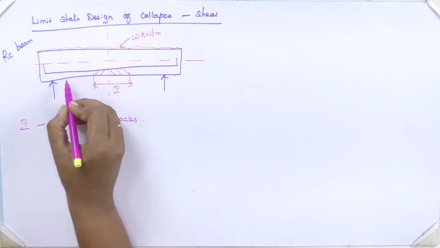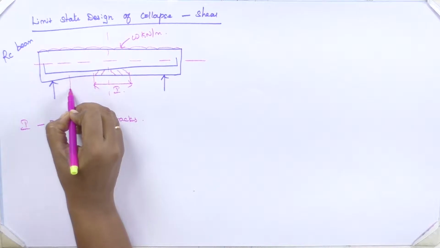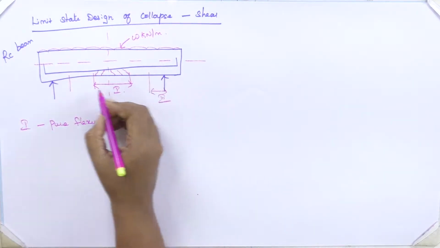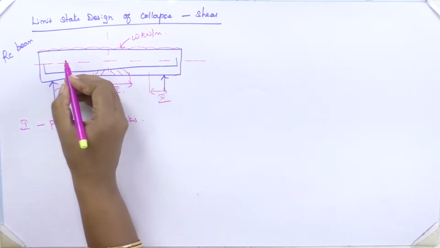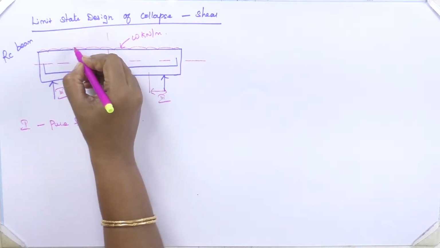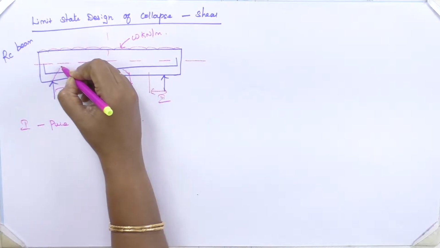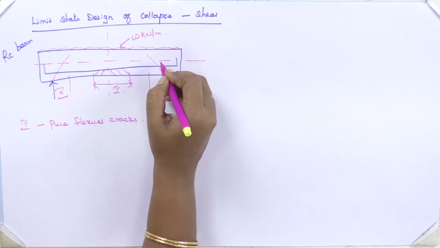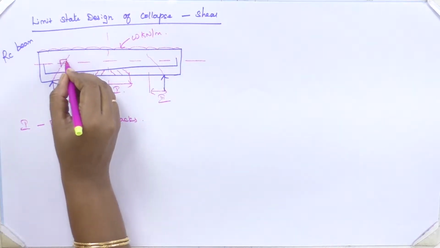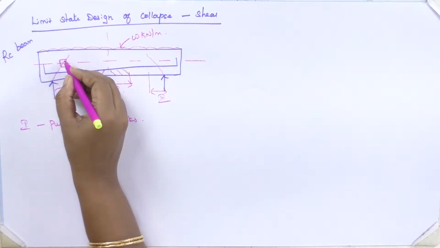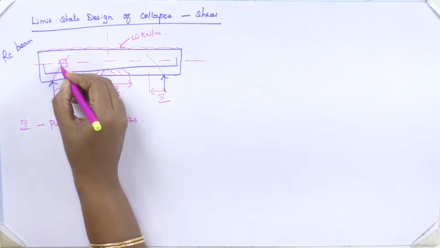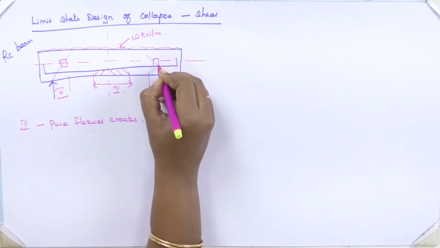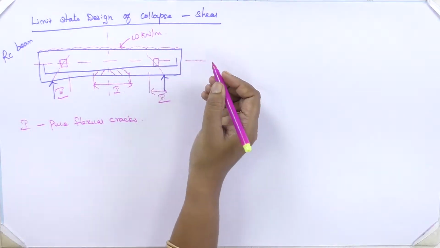Then near your support you have a third zone. Here, when the load is here, it will be like diagonal cracks. Here also it will be like diagonal cracks. When you take a small piece of element, you see the cracks occur in diagonal fashion.